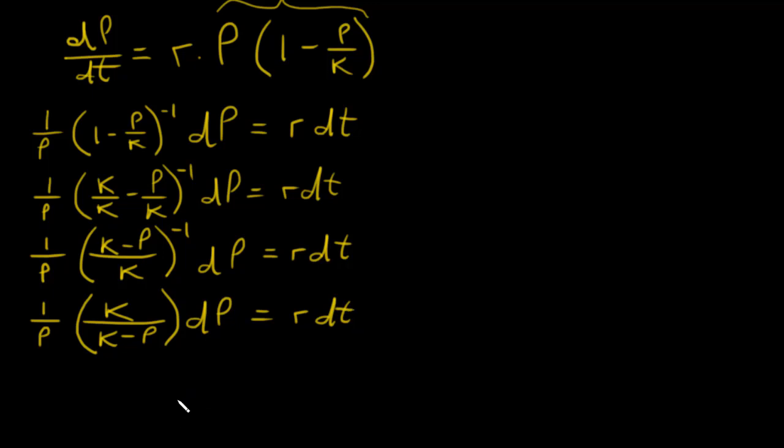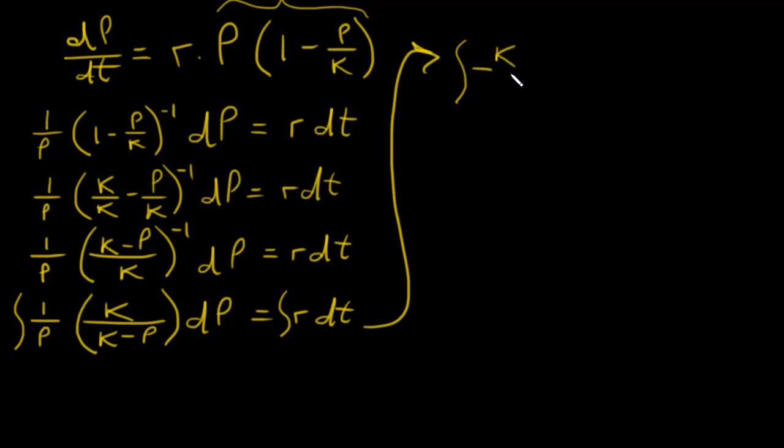So now that I've got it into this form right here, I can go ahead and take the integral of both sides. I'm going to combine this into a single expression. So I'll have the integral of K over P times (K minus P) dP equals the integral of r dt.